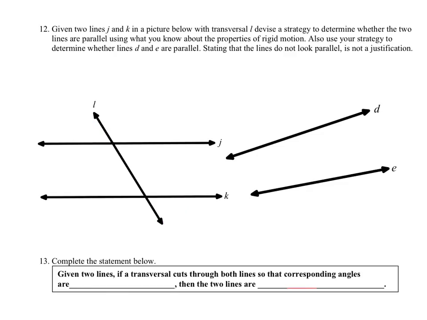Another way that we might see this is they'll give you the angle, something like this one, maybe it's 130 degrees, and then maybe this one is 130.2 degrees. These also are not parallel lines because those two angles are not the same. We can make a small change, and now we know that the two corresponding angles are congruent. So lines J and K now would be parallel.